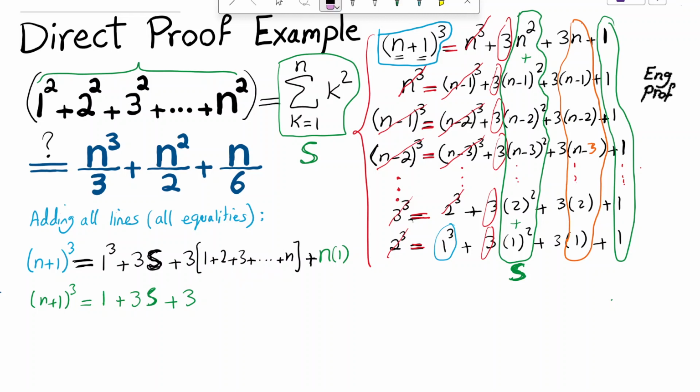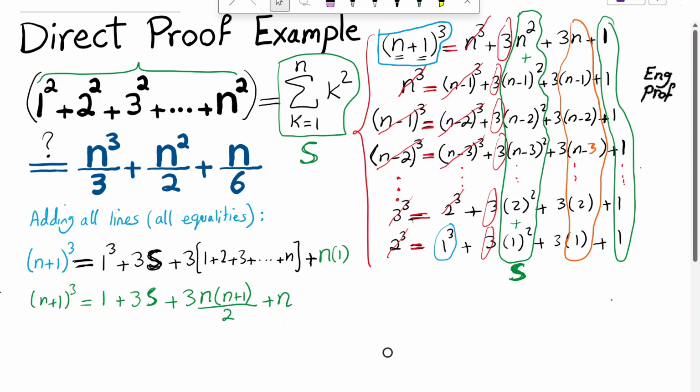It's n times (n plus 1) divided by 2. So n times (n plus 1) divided by 2, and plus n. So almost there.